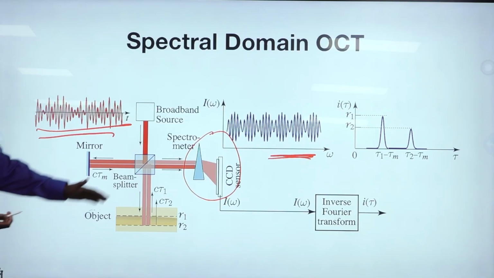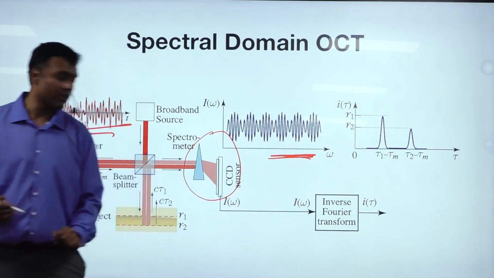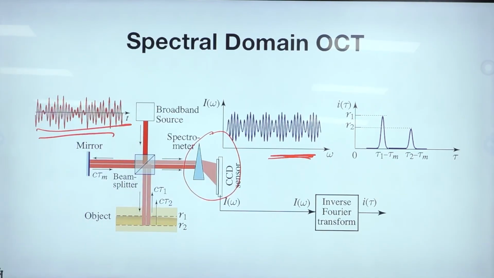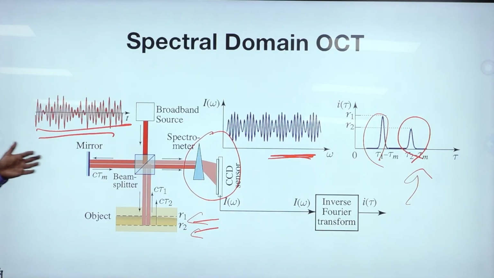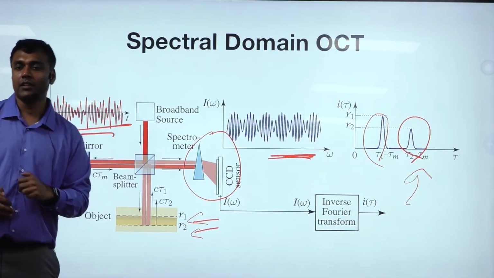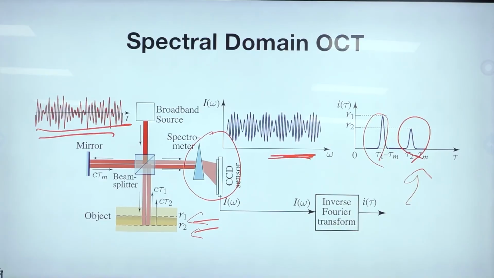Then you take the Fourier transform, or the inverse Fourier transform in this case, and you get peak 1 and peak 2. Each layer will give you a peak after the inverse Fourier transform calculation. So this is the basic idea.